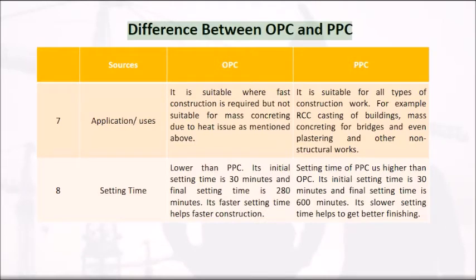Difference between OPC and PPC, continued. Seven, applications and uses. OPC is suitable where fast construction is required but not suitable for mass concreting due to the heat issue mentioned above.